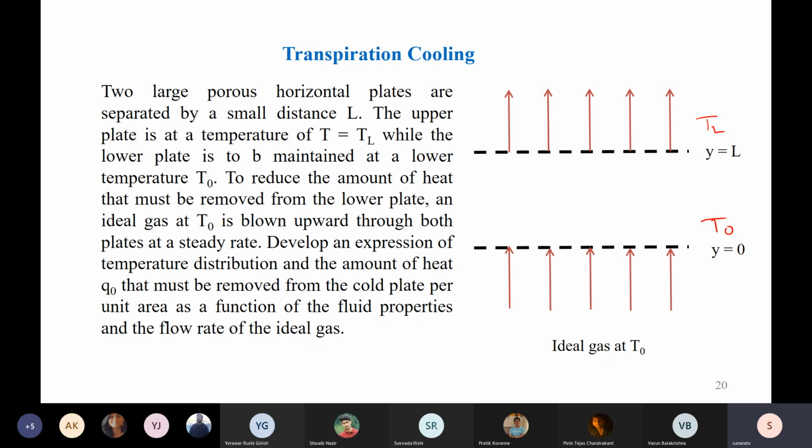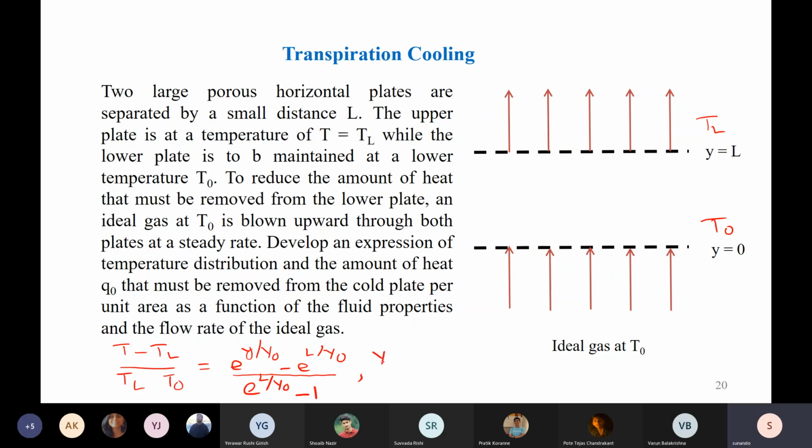But if you want to try it, the temperature distribution is going to be (T minus TL) over (TL minus T0) equals (e to the power y by y0 minus e to the power L by y0) over (e to the power L by y0 minus 1).